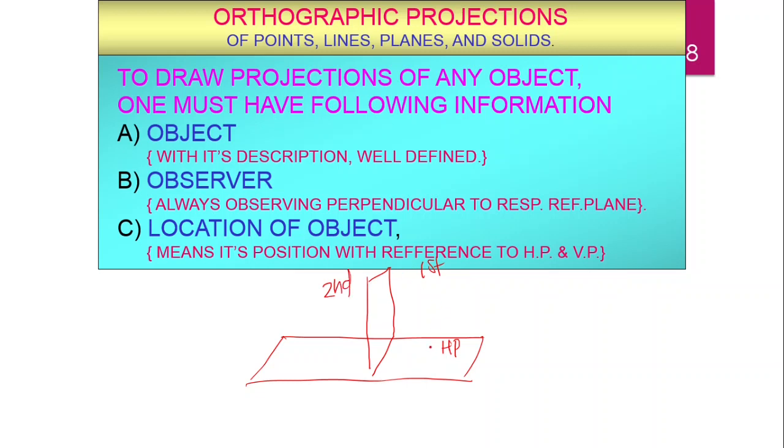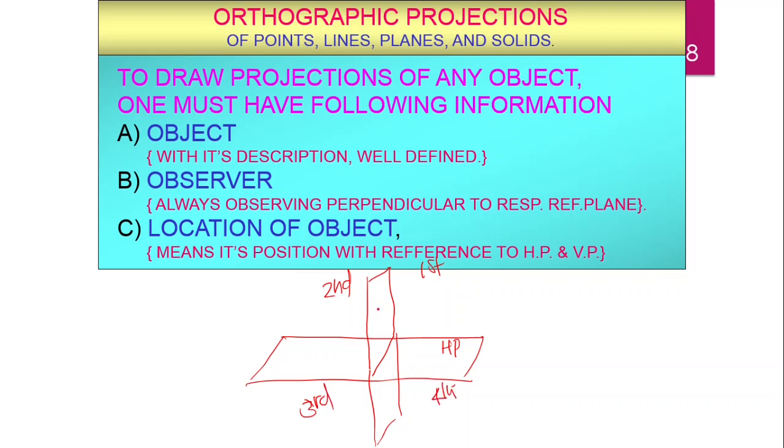And if we say that the point is below HP, then we can say that the point can either lie in third quadrant or fourth quadrant.